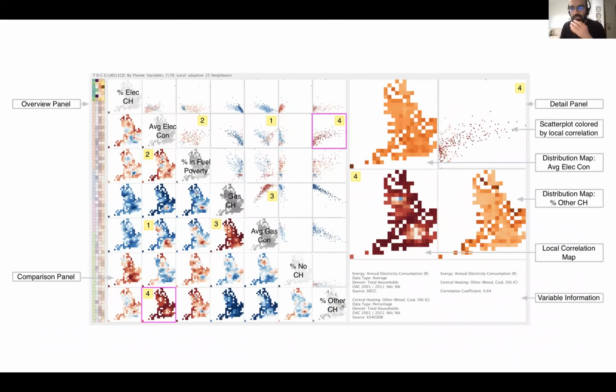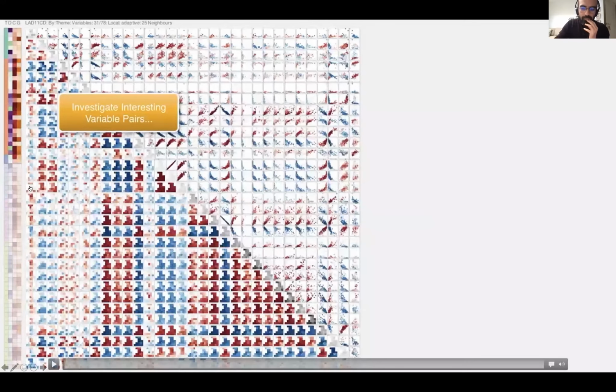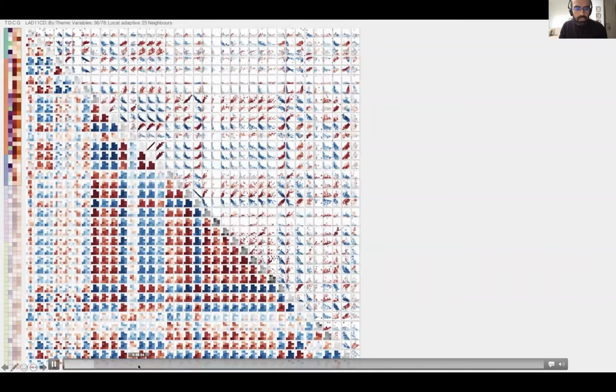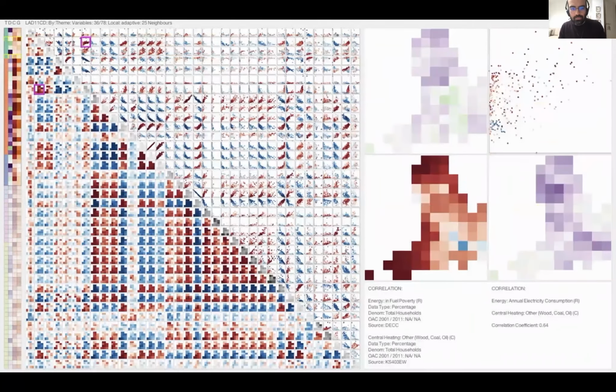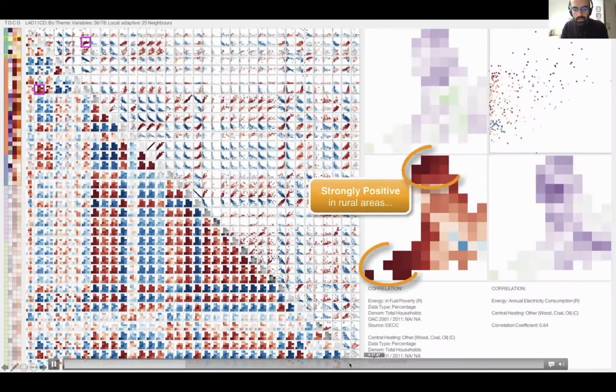This was integrated with an interactive interface, and we were able to scale this to many variables.